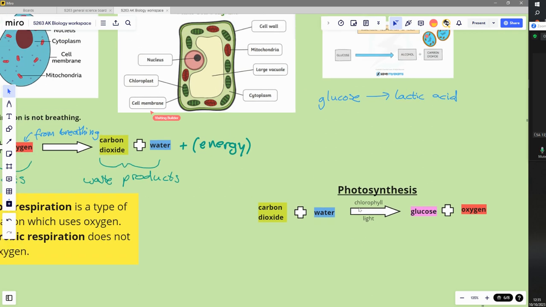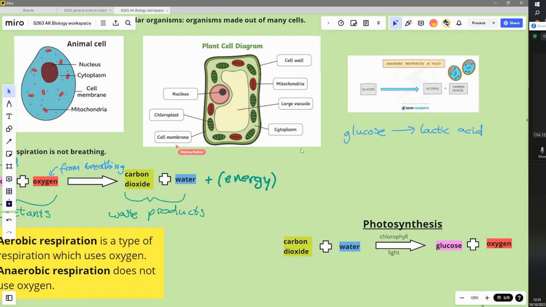And where do we find chlorophyll? Inside chloroplasts. So these chloroplasts contain chlorophyll, and chlorophyll is green, so the chloroplasts are green, so the leaves are green because the leaves contain chloroplasts.